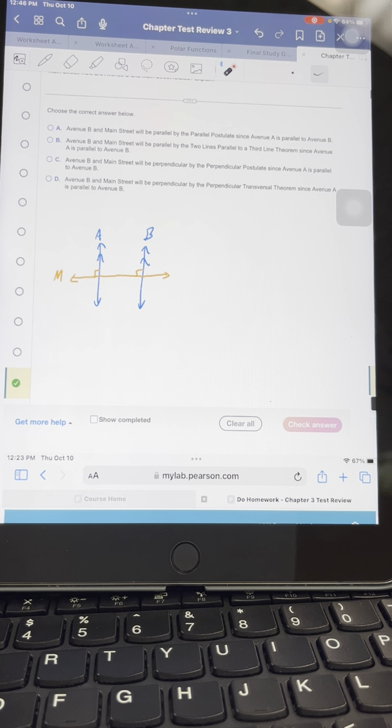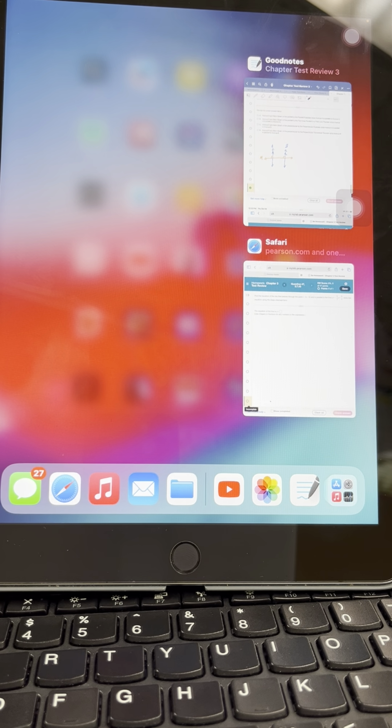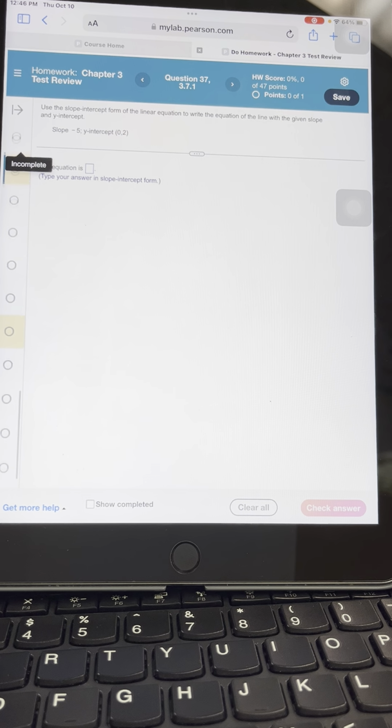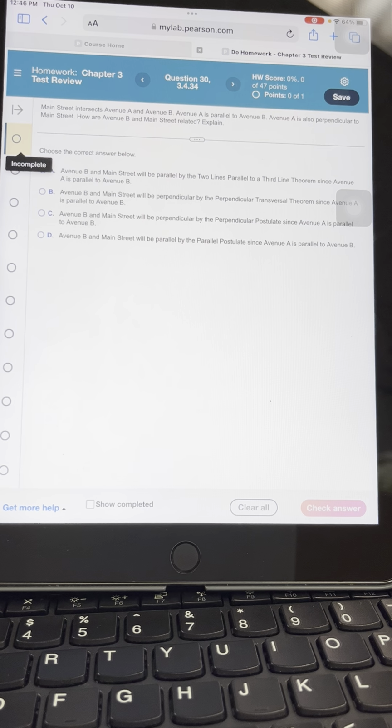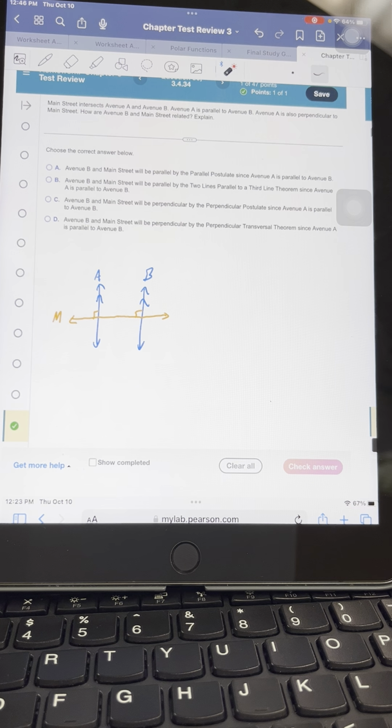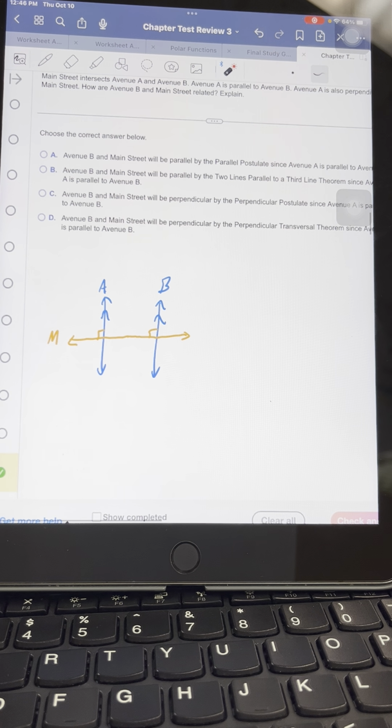Oh shoot, I won't be able to click the answer. Okay, so 30. Main Street and B are related. Well, we definitely know it's not A, it's not B, because they're not parallel.